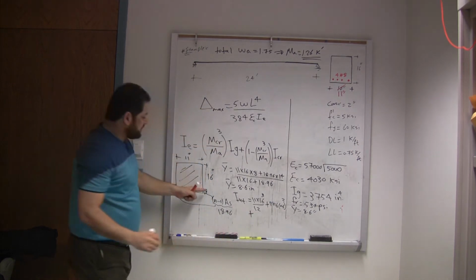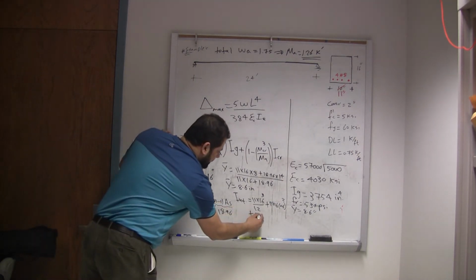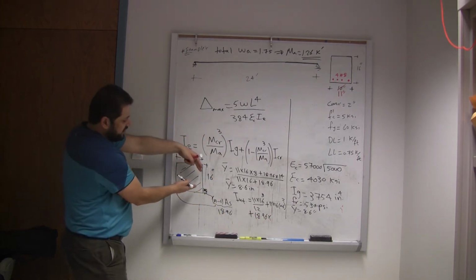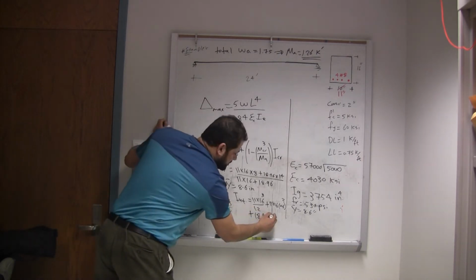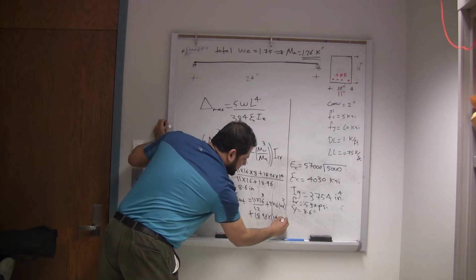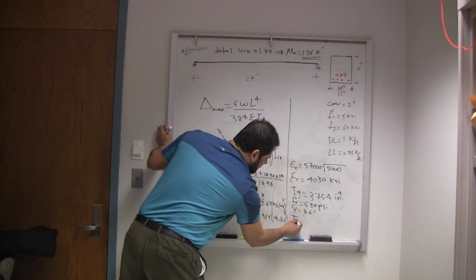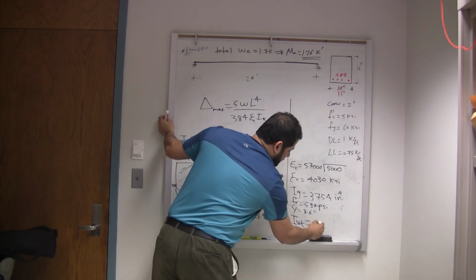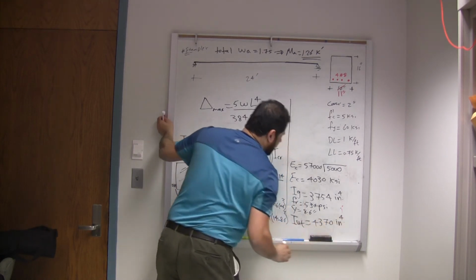Plus the component from the steel, A d squared: 18.96 times (d minus 8.6) squared, so 14 minus 8.6 squared. You do this and you get I uncracked equals 43,370 inches to the power 4.